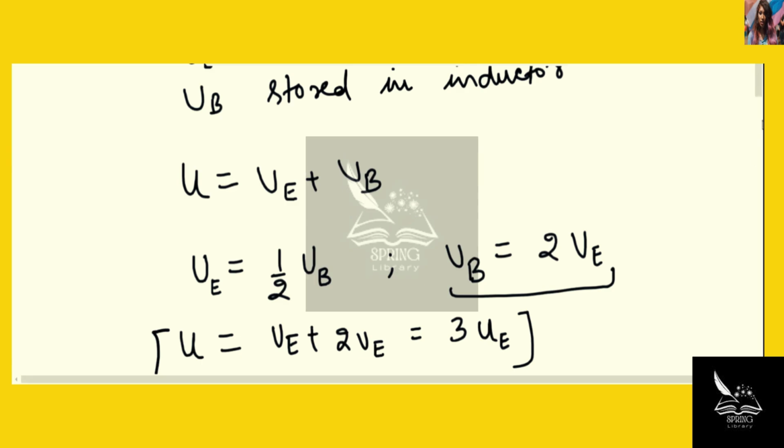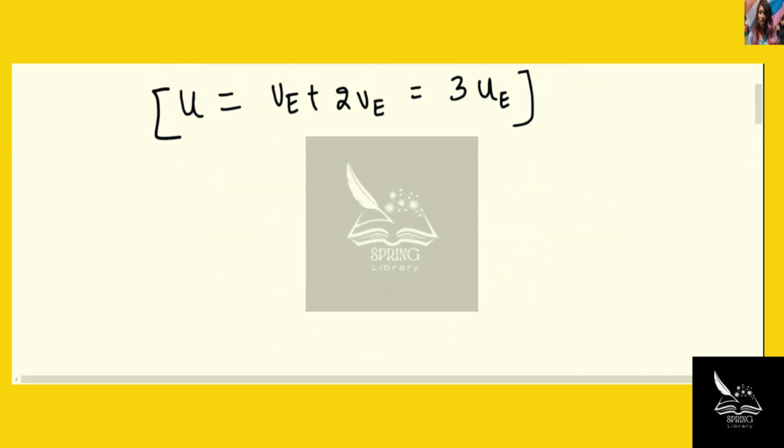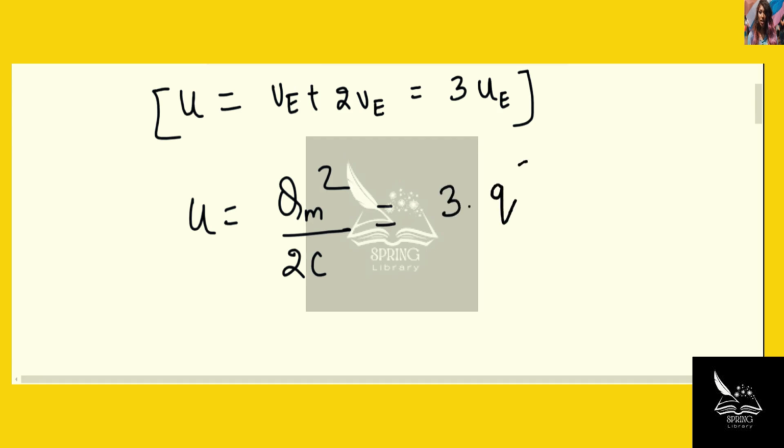Now we know that the total energy is equal to Q max squared divided by 2C, and suppose at this time the charge is Q, so this will be equal to 3 times Q squared divided by 2C.